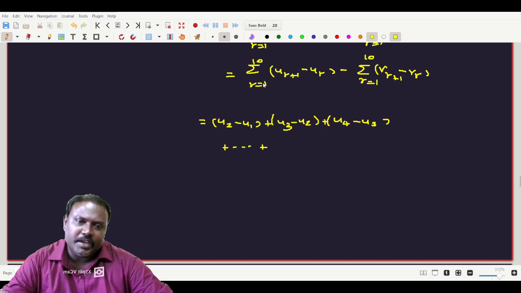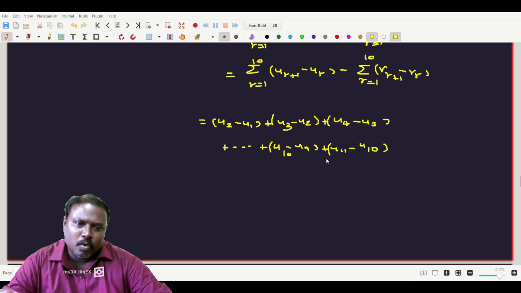Last I need to put r equals 10, but before that r equals 9. What will happen? This is u_(9 plus 1), which means u10 minus u9. Next u11 minus u10.